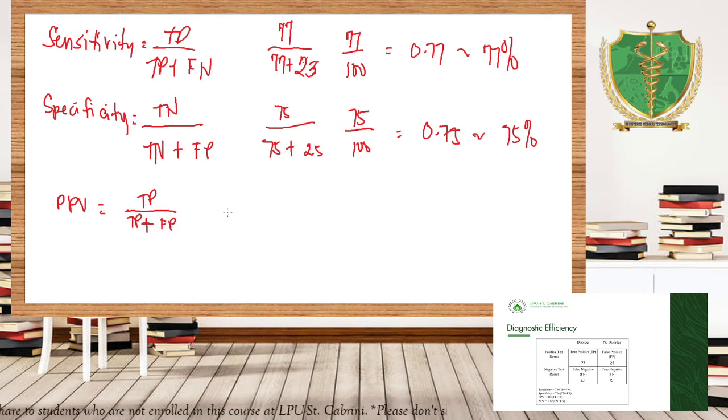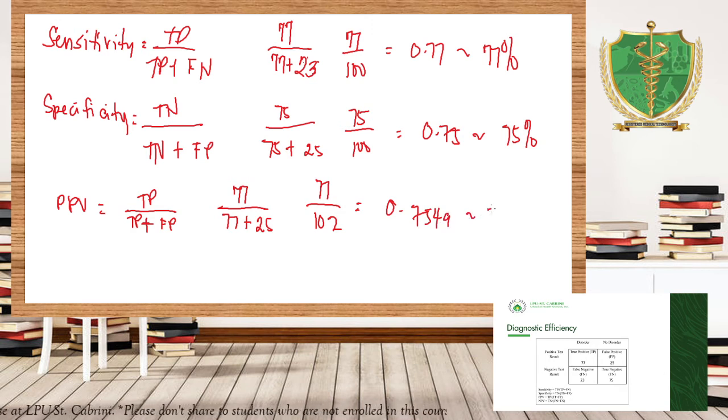Our true positive is 77 divided by 77 plus false positive is 25. 77 plus 25 is 102. So 77 divided by 102 is 0.7549. That is 75.49%.